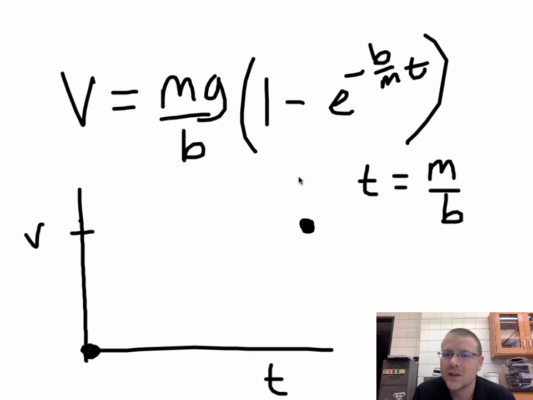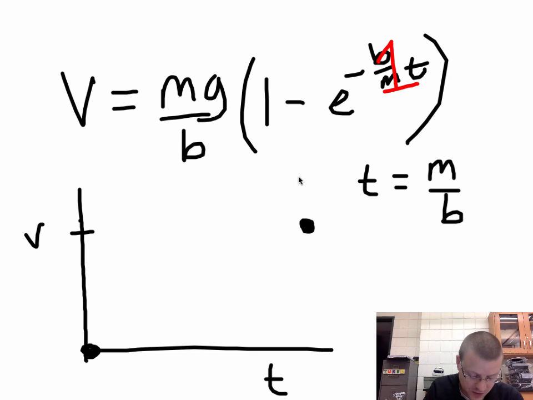So if I put that into my formula for t, this exponent up here becomes -1. If I do e to the negative first, we get about 0.36. 1 minus 0.36 comes out to about 0.63. So after one value of m over b, the velocity of the object is around 63% of its max.